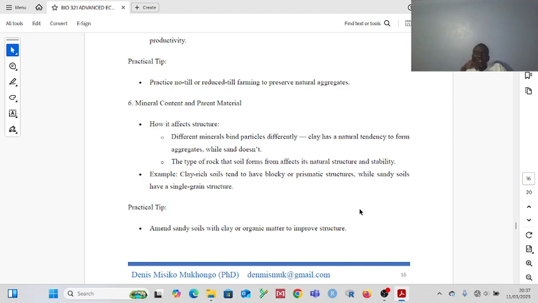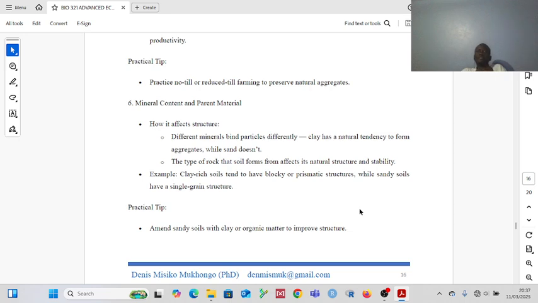The other factor is mineral content and parent material. So different minerals will bind particles differently. Clay, for example, has a natural tendency to form aggregates, while sand does not. Okay.